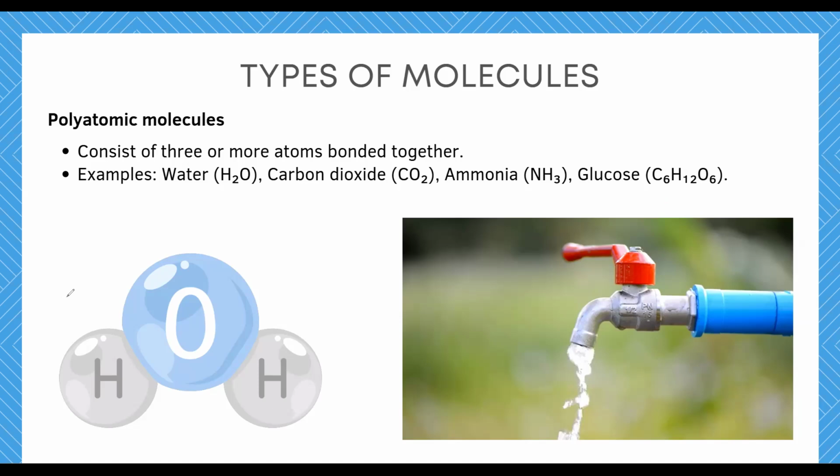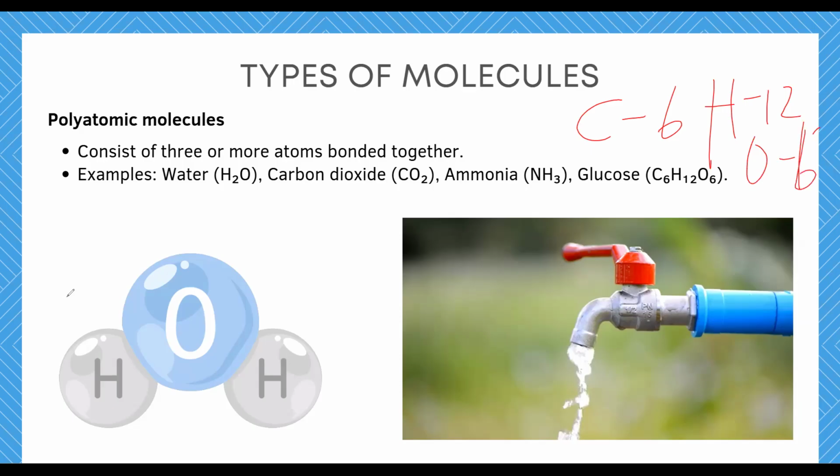Dominic, you want to tell us? How many atoms are inside glucose? 24. How about you, Dominic? 24. Beautiful. If you may be wondering how we got 24, you can see carbon here has 6 atoms, hydrogen has 12 atoms, and oxygen has 6 atoms.